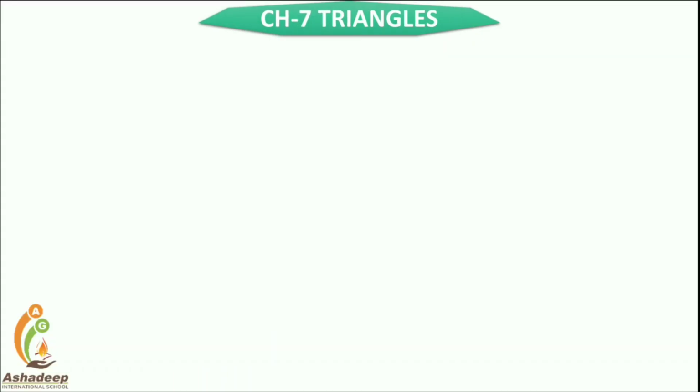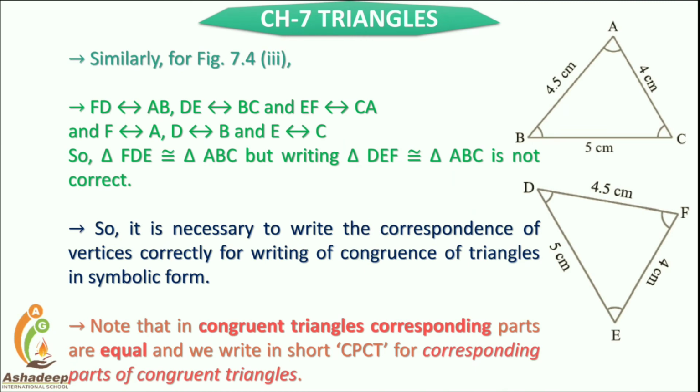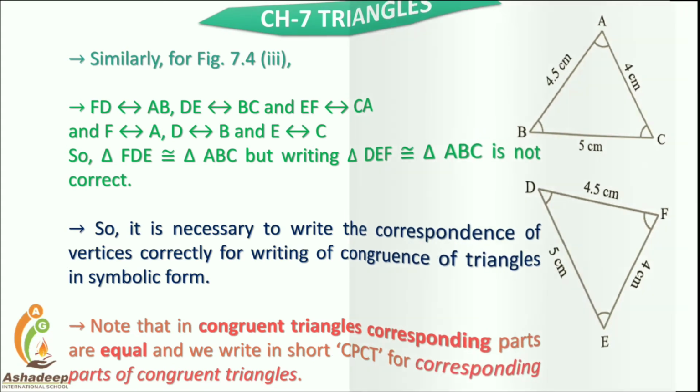This is very much important. So you need to keep in mind that CPCT, this term we are going to use in so many places, right? CPCT means corresponding parts of the congruent triangles are equal.